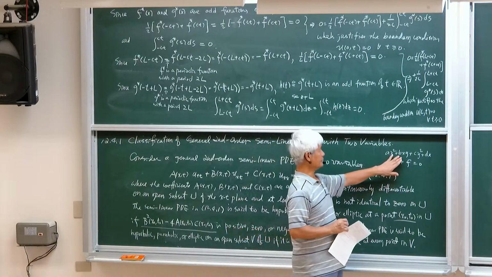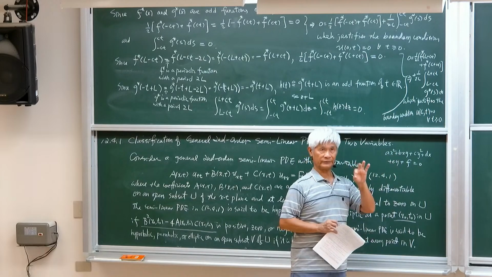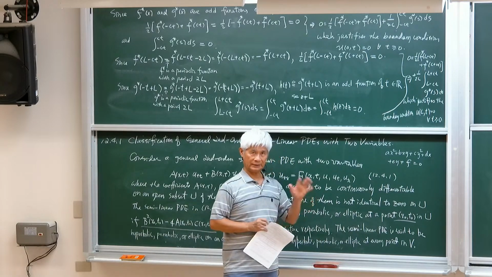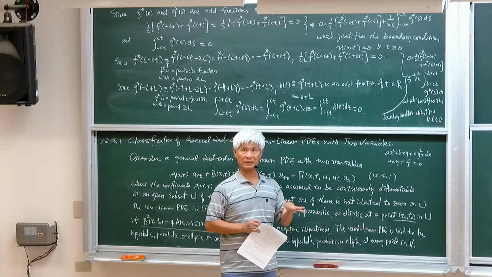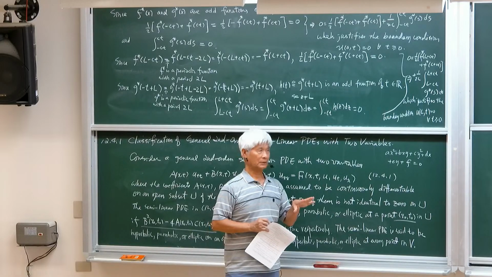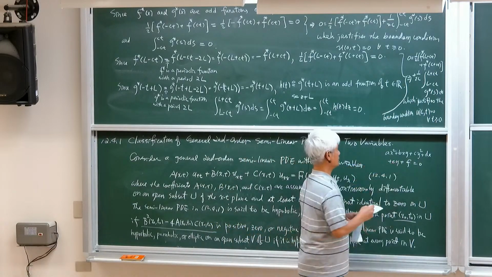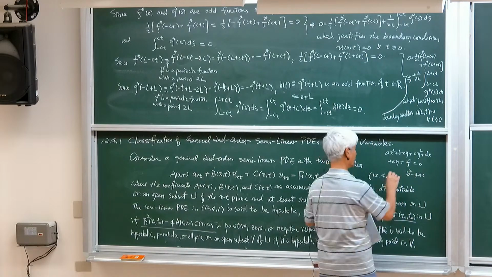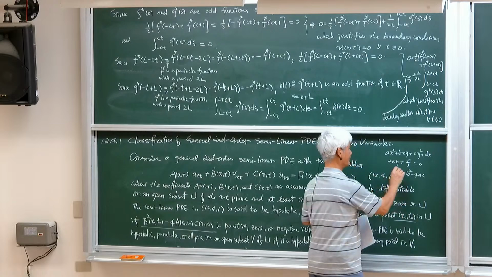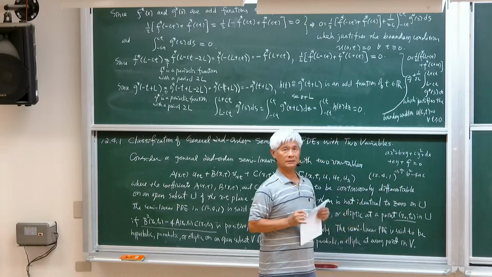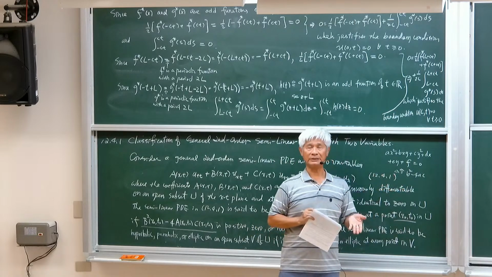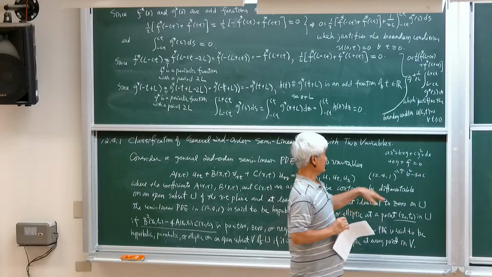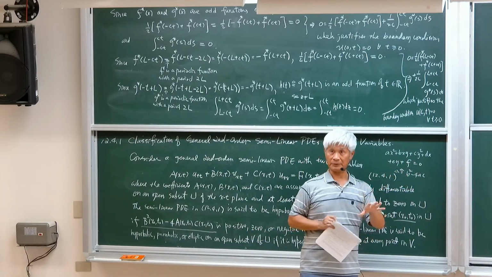Okay, and the curve can be a hyperbola, a parabola, or an ellipse, depending on the quantity we call the discriminant, right? So if this one is positive, then you get a hyperbola. If this is 0, you get a parabola.